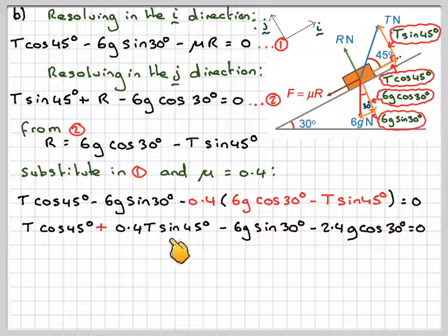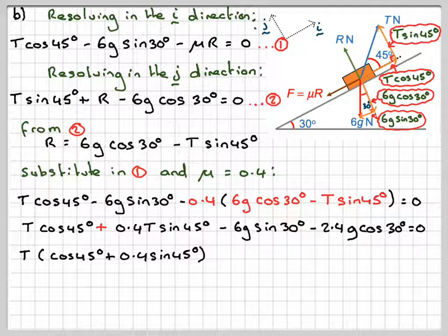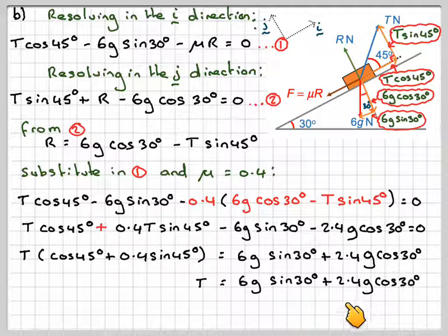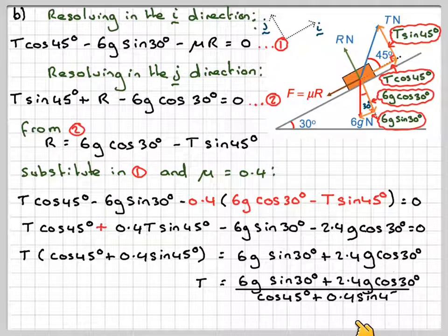We have a common factor of T, so that can come out. So we've got T times the bracket cos 45 plus 0.4 sine 45, and that will be equal to, if we take that over, 6g sine 30 plus 2.4g cos 30. To find T, we do 6g sine 30 plus 2.4g cos 30, and then divide by cos 45 plus 0.4 sine 45.